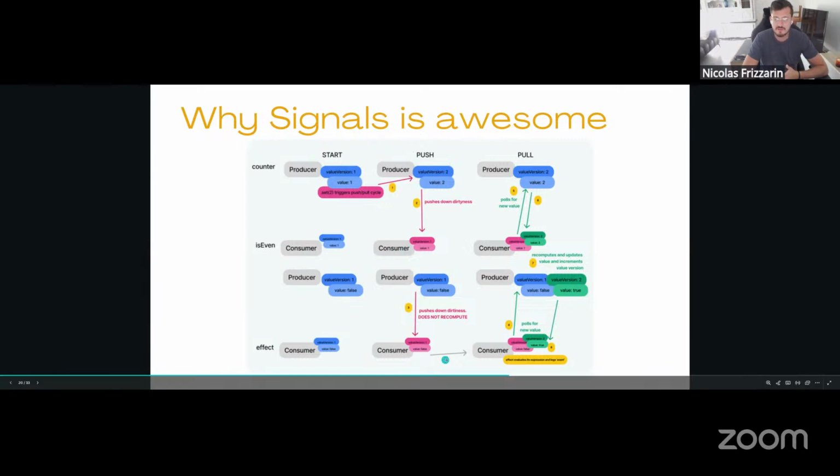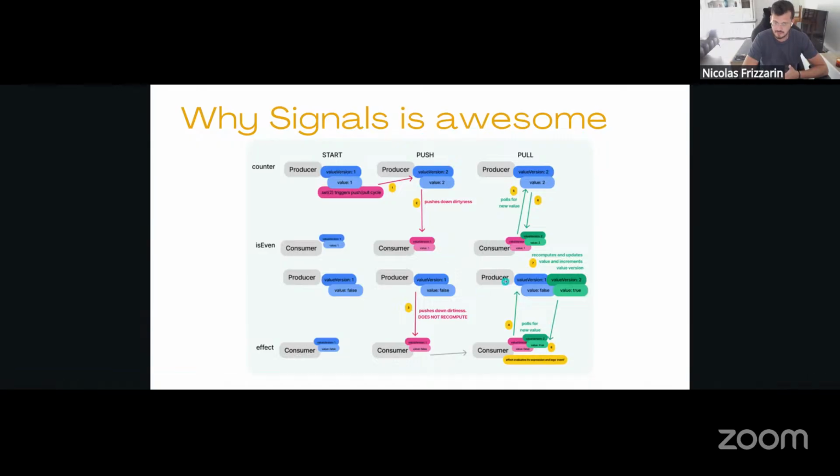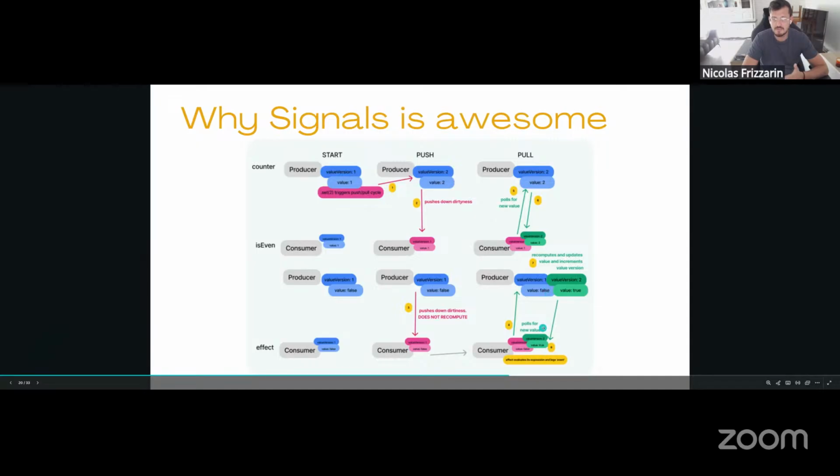First the effect asks isEven for the new value, and isEven asks the counter for the new value, so it pulls a new value. The new value is 2. isEven recomputes and produces a new value. Then the effect pulls this new value and we enter the side effect.